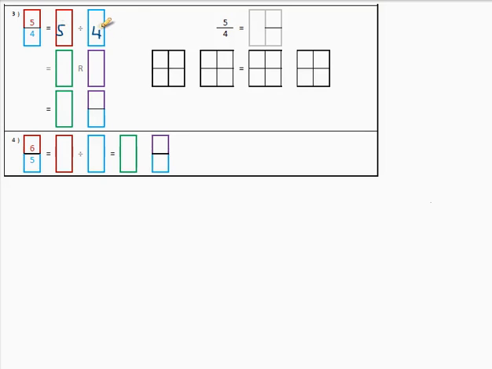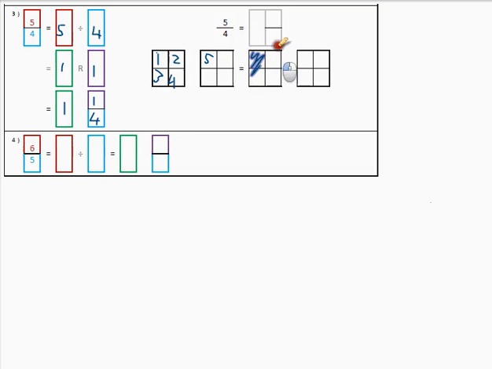5 divided by 4 is 1, remainder 1. My whole number goes there, my remainder goes back on the 4. Did you want to try to draw pictures for yourself to understand this better? There's 1, 2, 3, 4, 5 fourths, yeah?